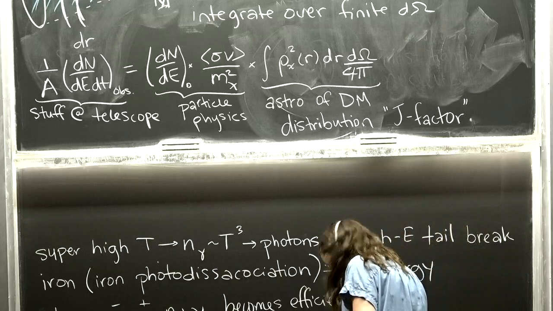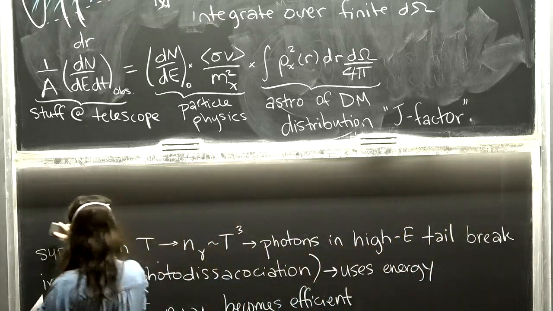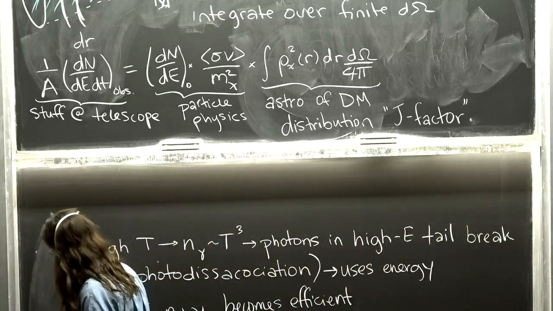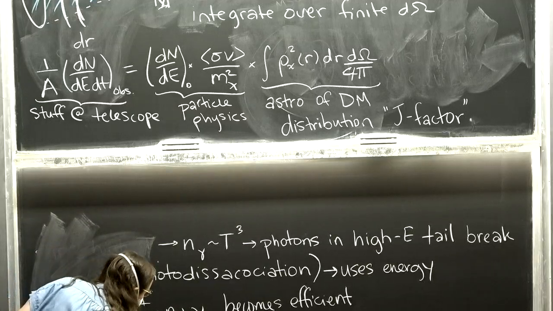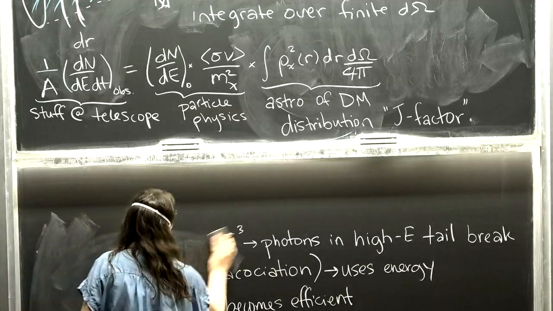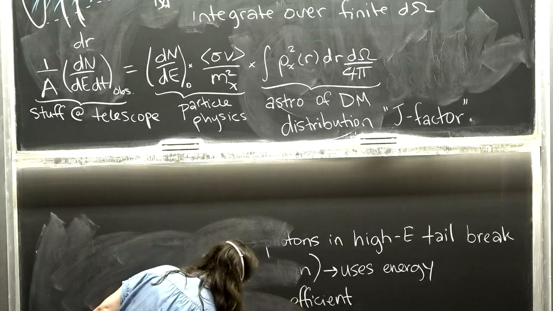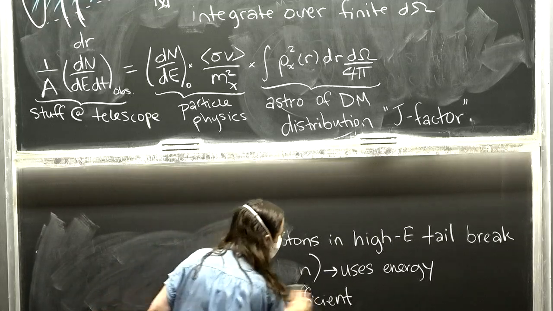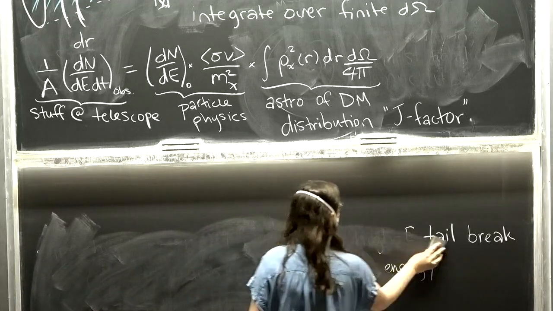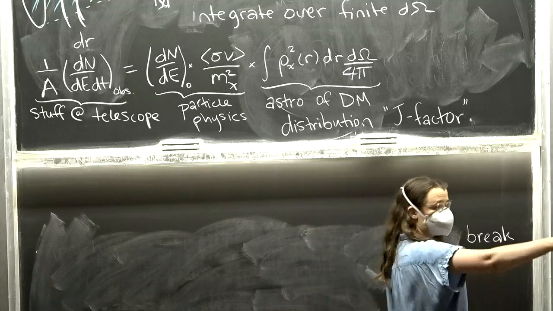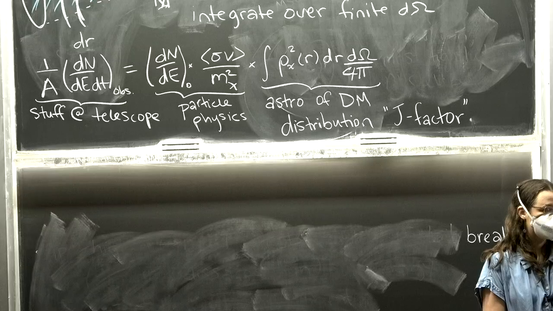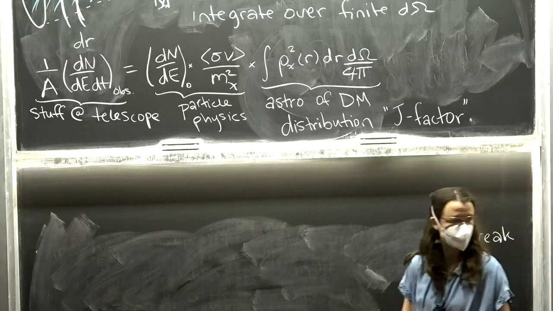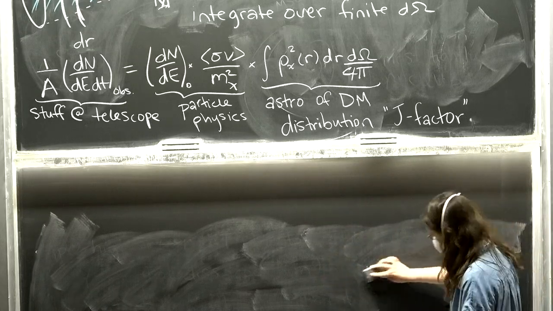All right, so let's talk about some of the different components of this in a little bit more depth. Oh, question here? Is the density isotropic? We're going to come to that in just a moment. The question was, is the density isotropic?